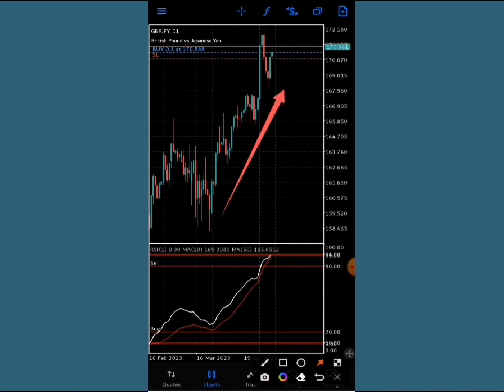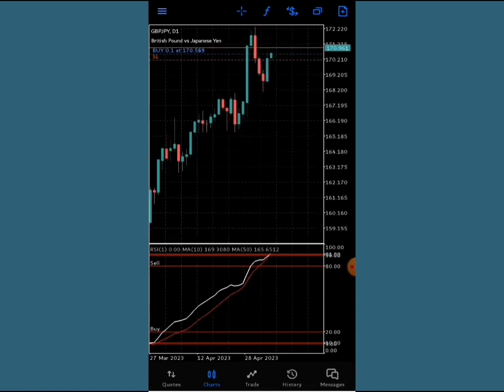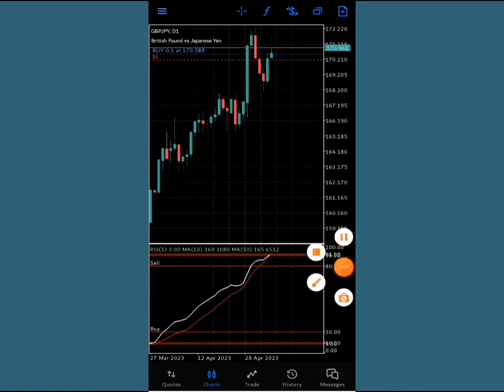Now, I shared a strategy whereby I said on an uptrend, you can look for these bullish engulfing candles, and on a downtrend, you can look for bearish engulfing candles. Let me just zoom this so that you can see. This is an uptrend. Guys, you can trade this thing on its own. It's very powerful.